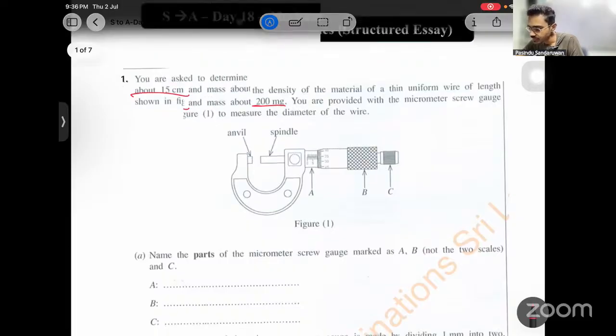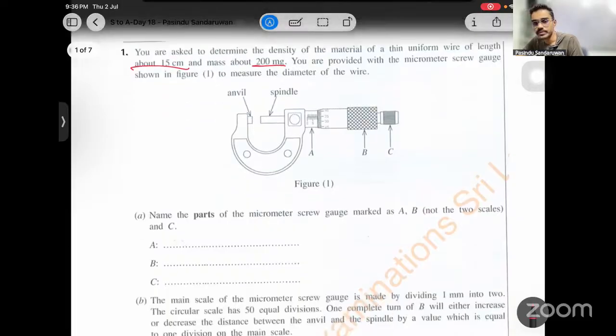Name the parts of the micrometer screw gauge marked as A, B and C, not the two scales. A is not the scale.